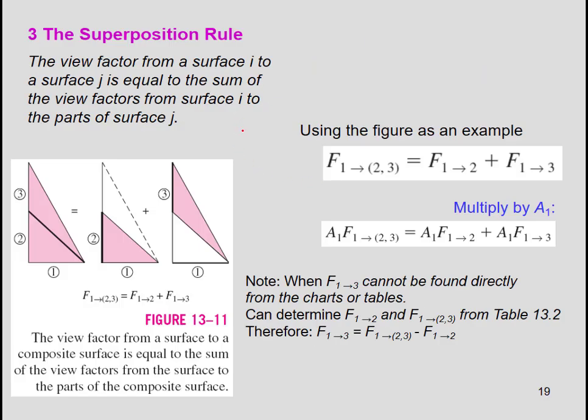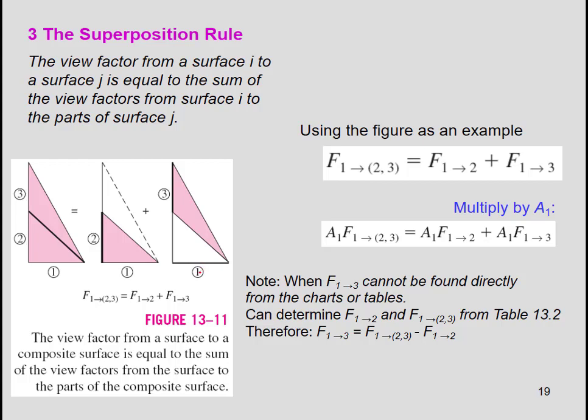The other rule which we can use to find the view factor for enclosures or different configurations is the superposition rule. Simply, it says when we have a surface 1 like this and its radiation strikes two different surfaces, those two surfaces are in an arrangement that can receive the radiation from surface 1.